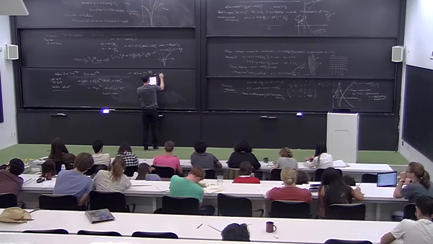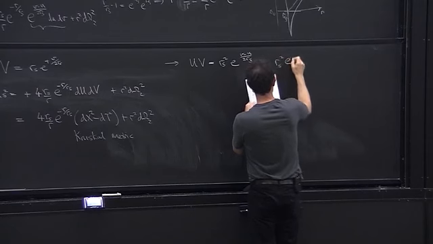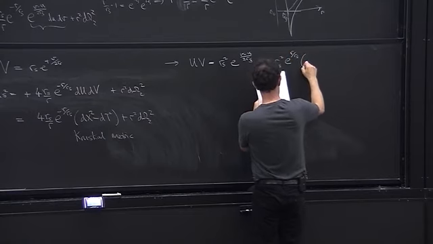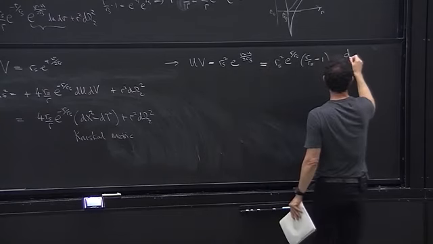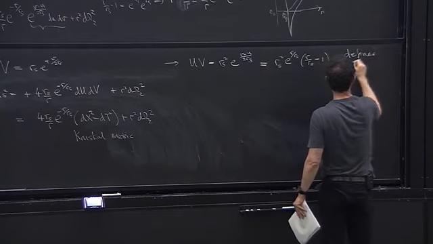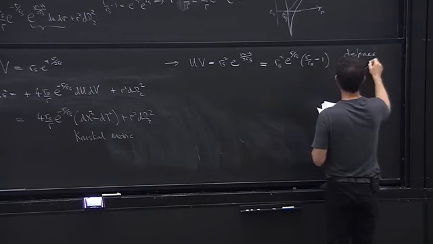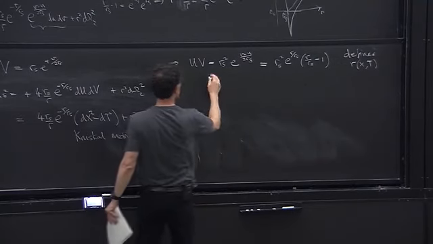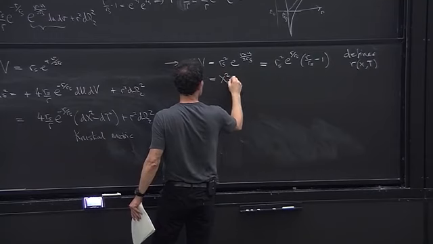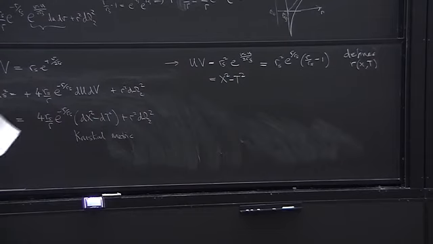This is rs squared, e to the r over rs times r over rs minus 1. So that defines r of x and t. Okay, so uv is that, which is, of course, x squared minus t squared. So this defines the quantity r in the metric in terms of x and t.